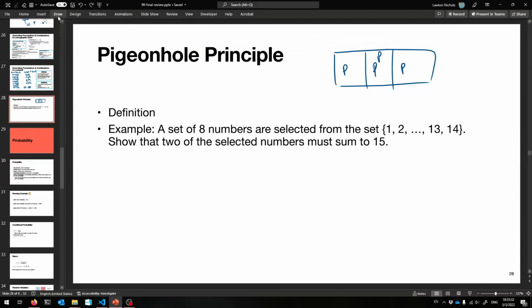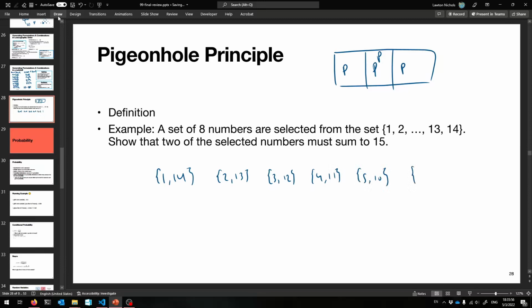We need to figure out how many ways there are to select 2 numbers out of this set to sum to 15. First of all, there are 1 and 14, right? You could pick those. You could choose 2 and 13. You could choose 3 and 12. You could choose 4 and 11. You could choose 5 and 10.